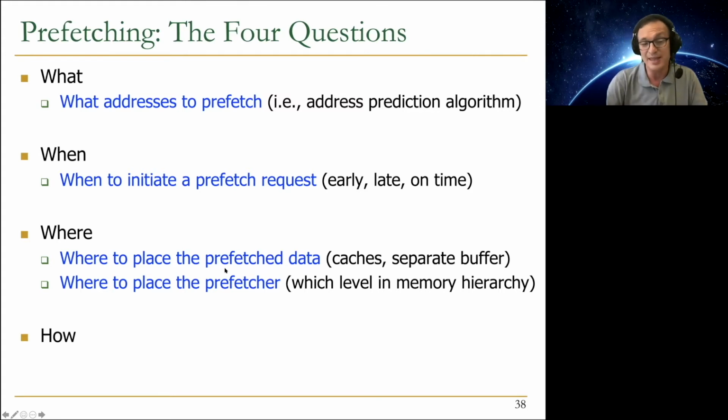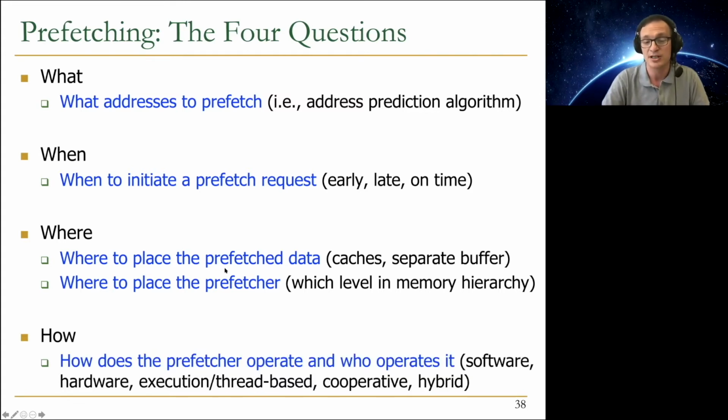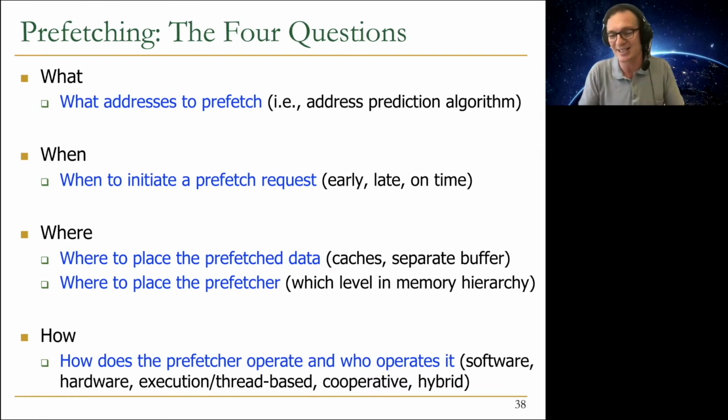And then how is also very important, because how relates to how does the prefetcher operate and who operates it? Is it the software? Is it the hardware? Is it an execution or thread-based prefetcher? We will talk about an example of it. Is it cooperative between software and hardware? Is it a hybrid of all of them or multiple of them? And usually in existing systems, it's a hybrid of them today.